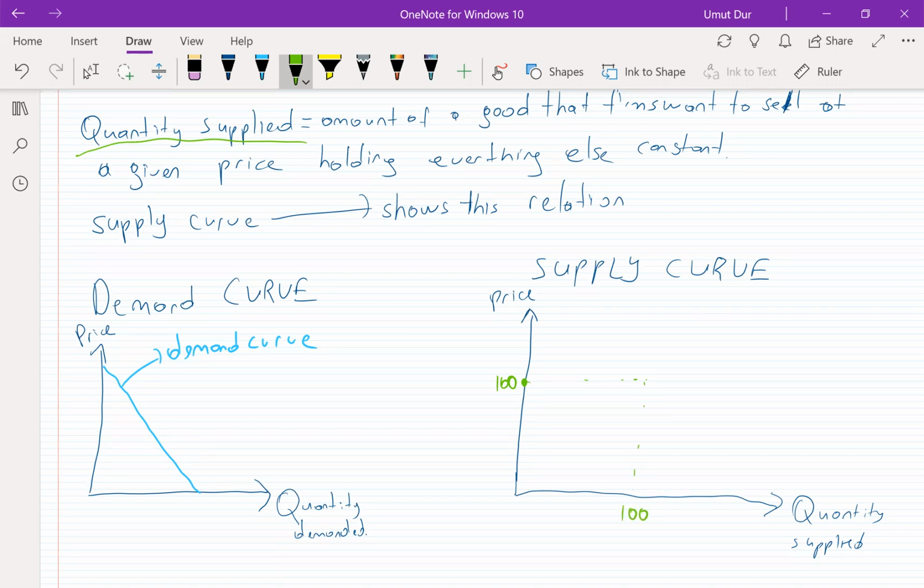I'm just saying. Then I ask the same question to the firm for a different price level. For example, how many units would you like to supply when the price is $50? Then the firm will have a different answer.